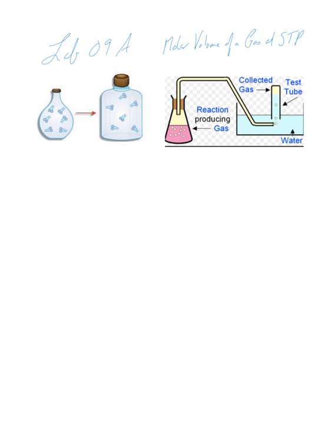This lab is looking at the molar volume of a gas at STP, and the question we have is, if you have 1 mole of a gas under conditions of standard temperature, which is 273 Kelvin, and you have enough gas in there to create a pressure of 1 atmosphere, your standard pressure, then what is this volume?